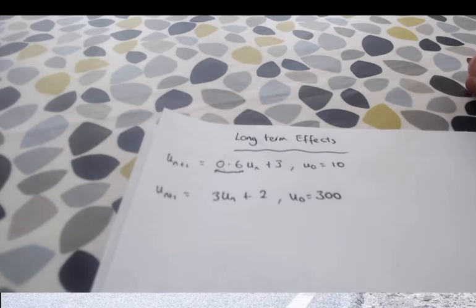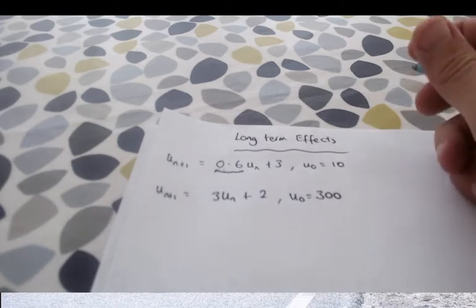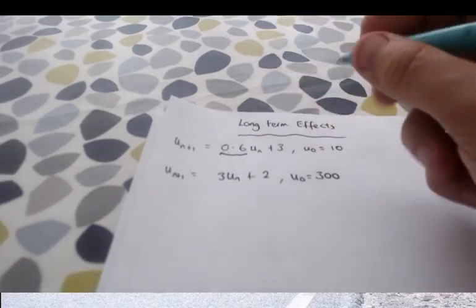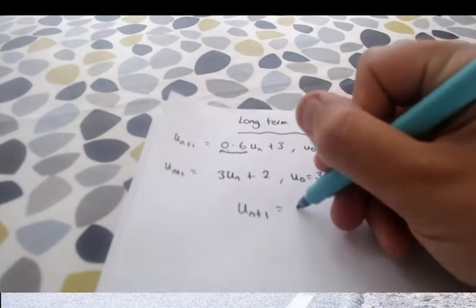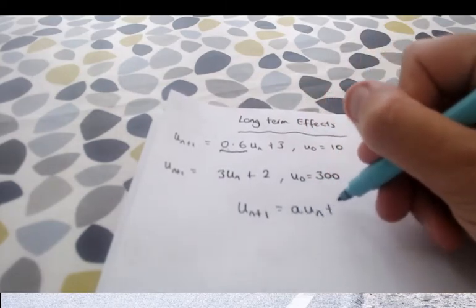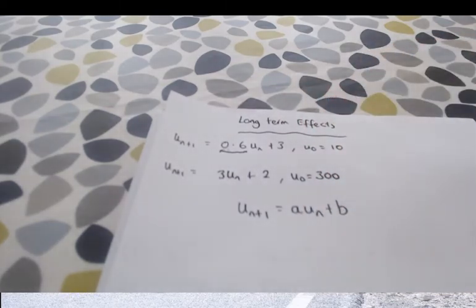So what I can say is that for a recurrence relation to have a limit, I'm going to do a wee kind of formula thing here. Remember, a recurrence relation all take that form. When we don't have numbers, we've got the A and B there.